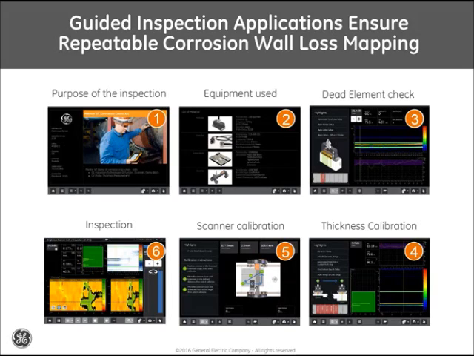Sorry about that. Again, walking through steps 3, 4, and 5, these are the required steps to ensure your array corrosion imaging system is set up properly and calibrated properly for a consistent inspection.